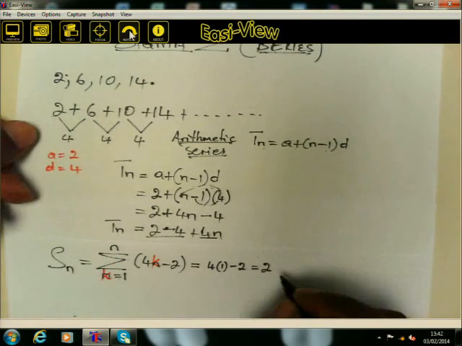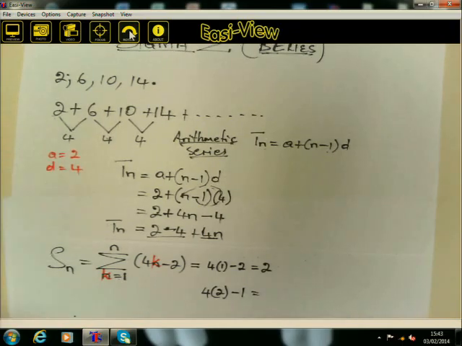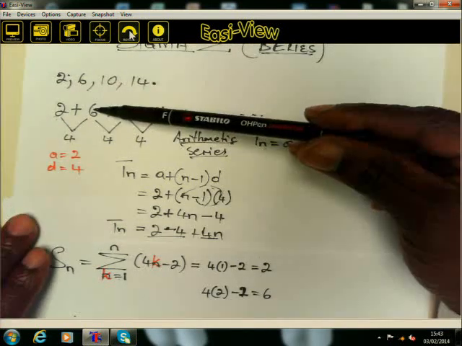Let me check for the second one, when k is equal to 2. It's 4 multiplied by 2 minus 2. 4 times 2 is 8, and 8 minus 2 is going to give us 6. Does it correspond? Yes, it does.